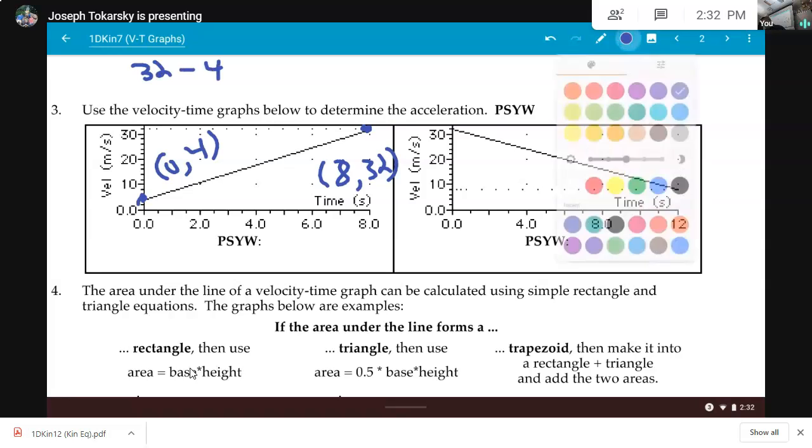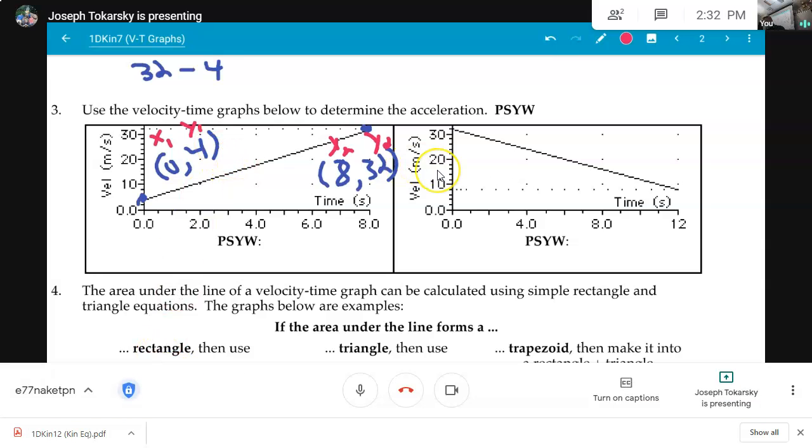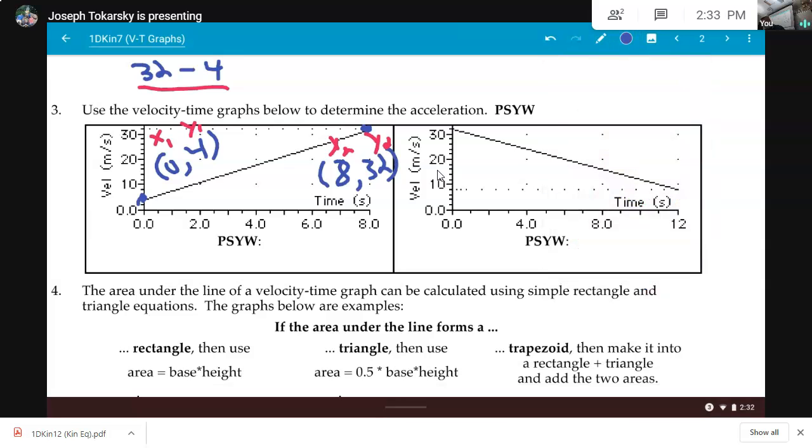And remember, if it helps, you could write over this point x1, y1, right? And over this point x2, y2. And hopefully remember that y2 minus y1 is 32 minus 4, and x2 minus x1 is 8 minus 0. So 32 minus 4 is going to be 28, right?